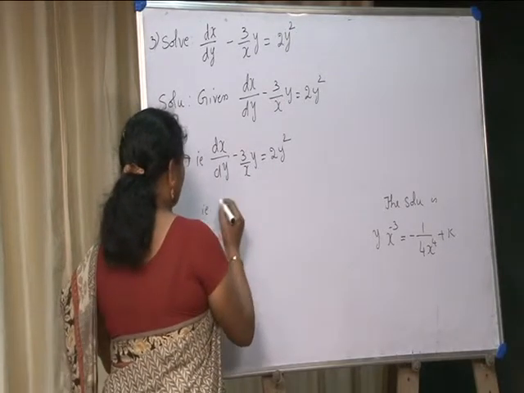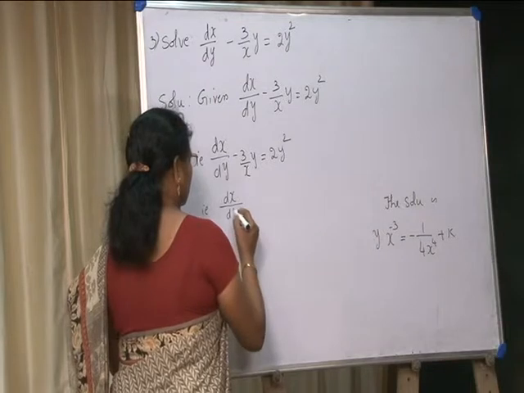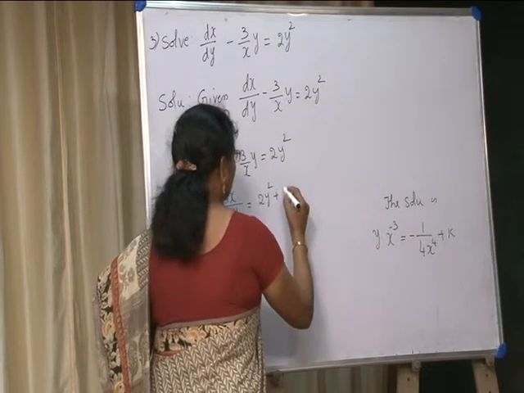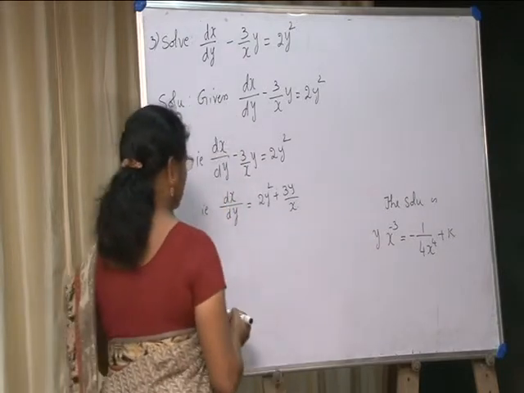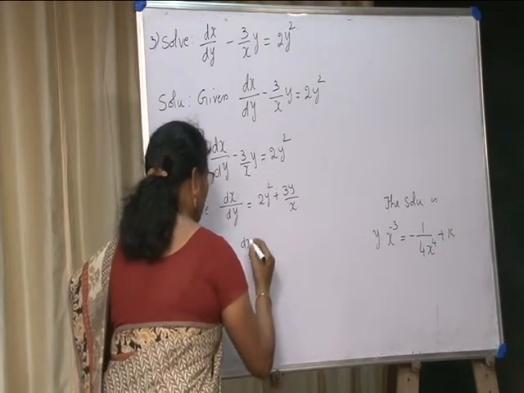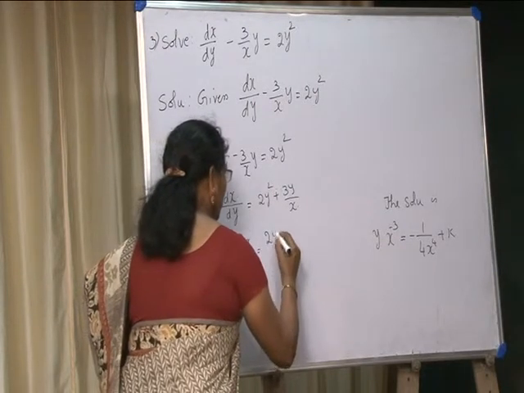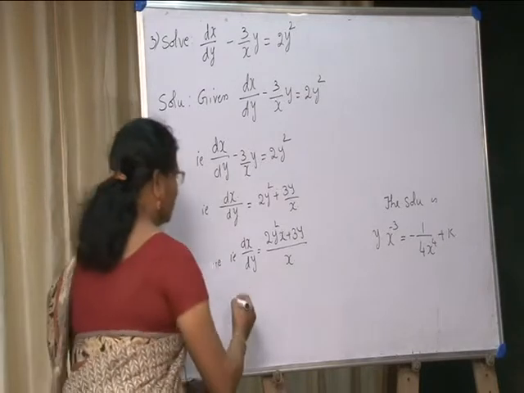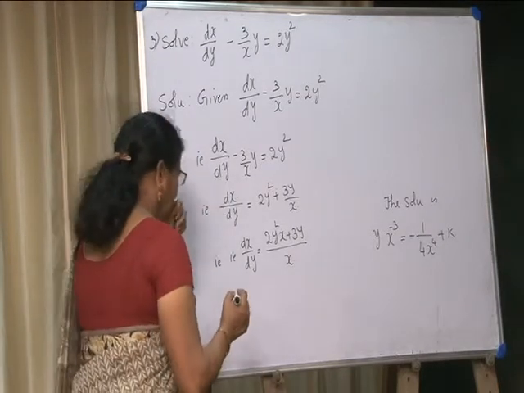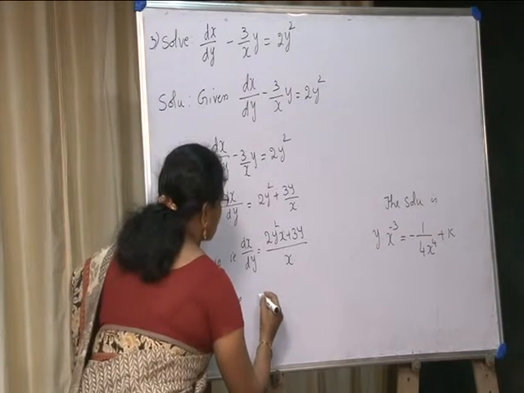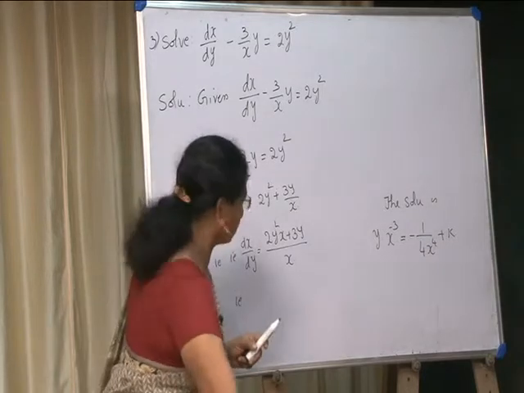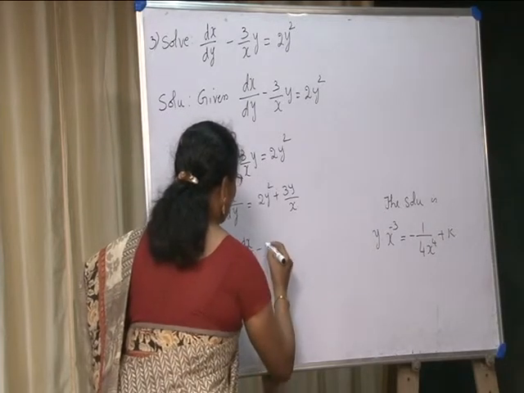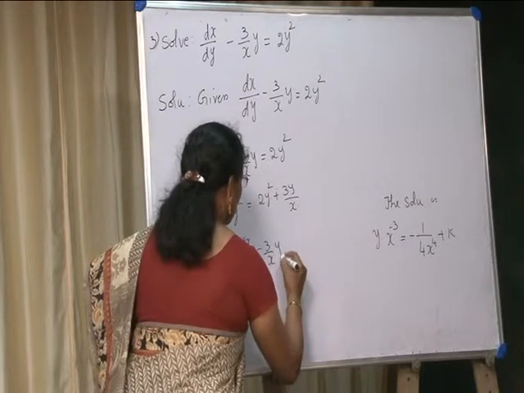Dx by dy is minus 3 by x into y is equal to 2y squared.